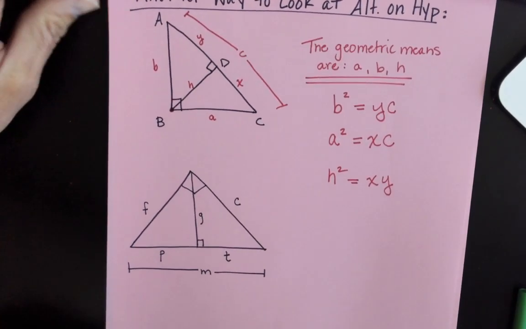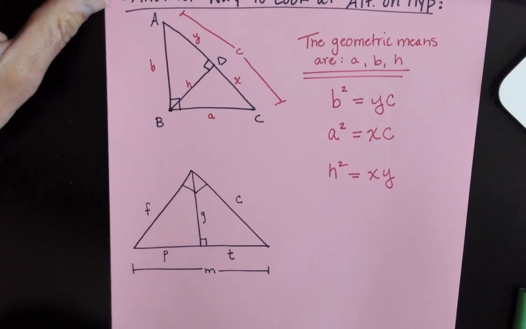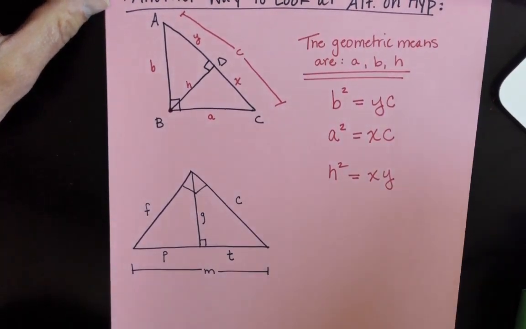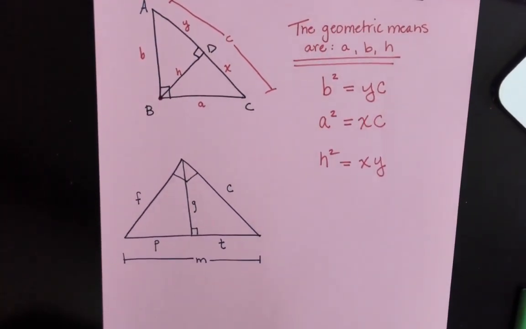I didn't name the segments this time. I just named the lowercase so that it's a little easier just to identify at the beginning here. Anybody want to tell me what the geometric means are in this one? Which ones stand for the geometric means?